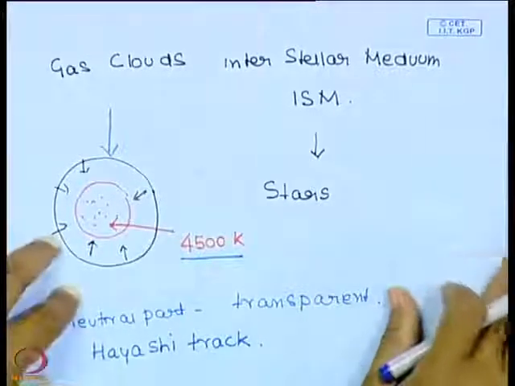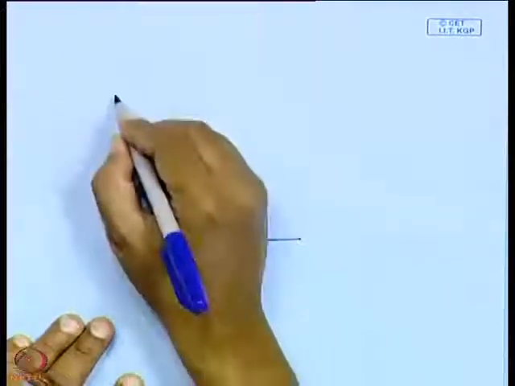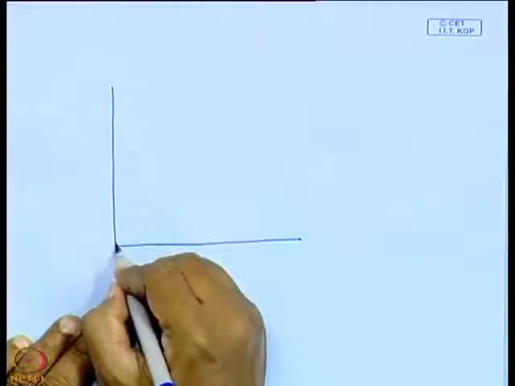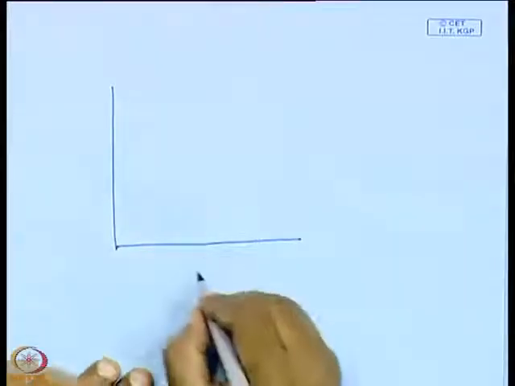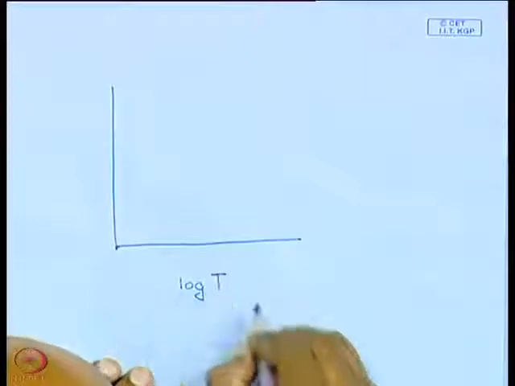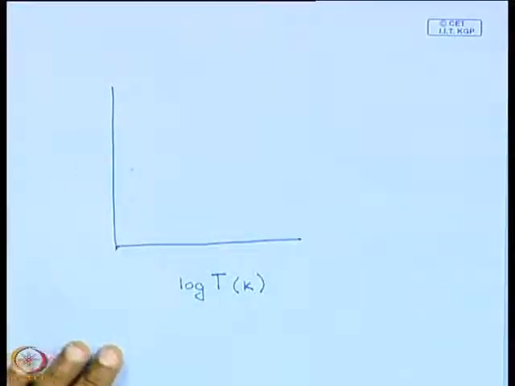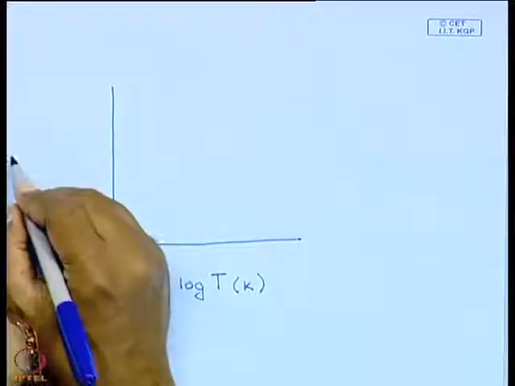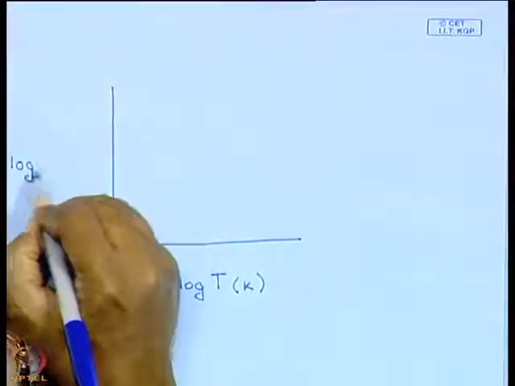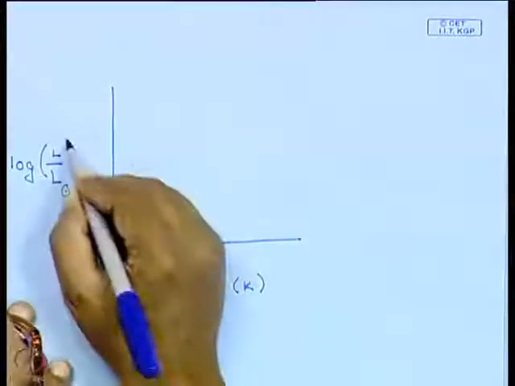So we are going to plot an HR diagram. In this diagram, we will plot the log of the temperature in Kelvin, and along the y axis we will plot the log of the ratio of the star's luminosity to the solar luminosity.